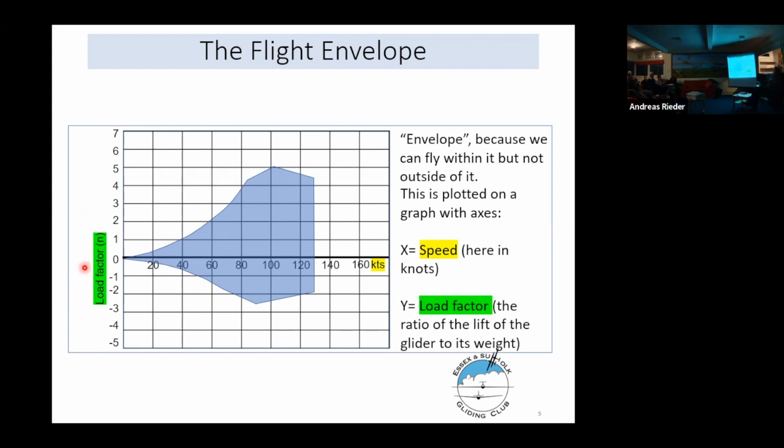The load factor is a ratio of the lift to the glider's weight. I'll explain that on the next slide in a little bit more detail, but in most cases it's analogous to G, the G loading. There are a few exceptions, but some people think of it in terms of G, but the correct term is load factor.